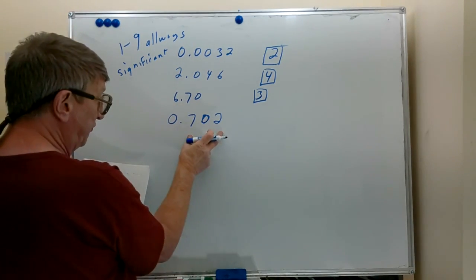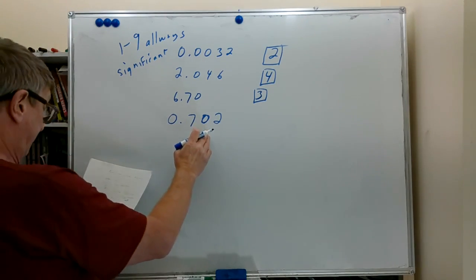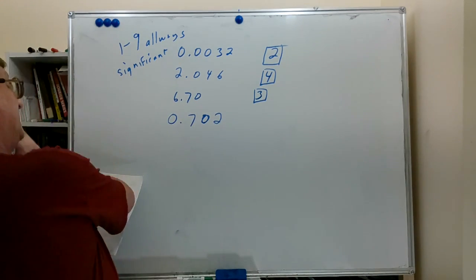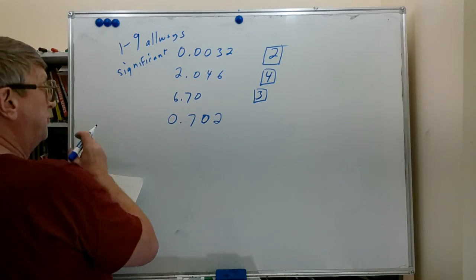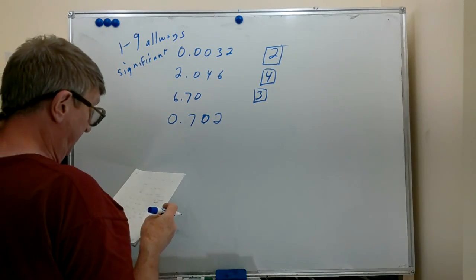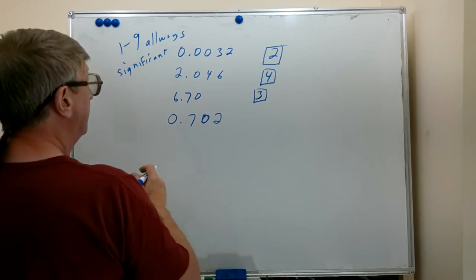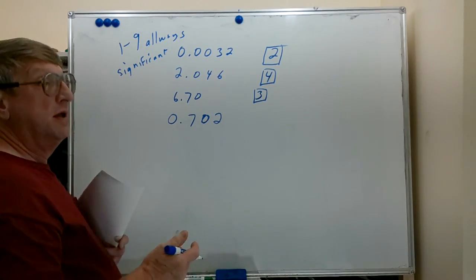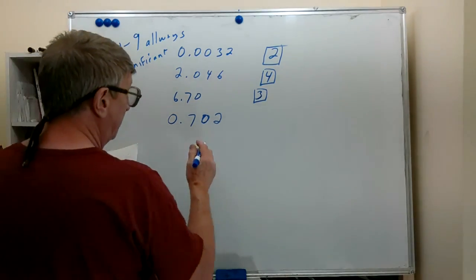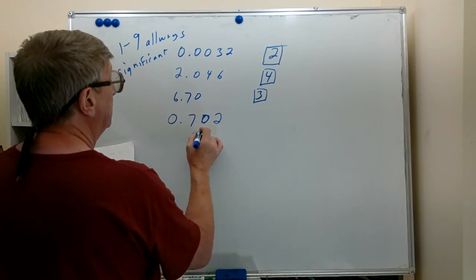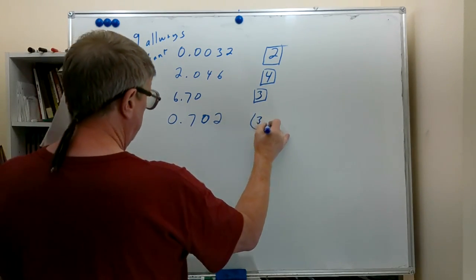There's 7 and 2; those are significant. And 0, when it's not to the left of the decimal portion or the last part of the whole number portion, is going to be significant too. So 1, 2, 3. That's 3.